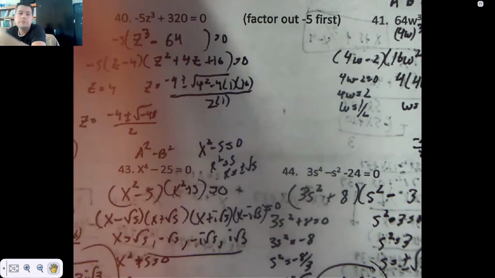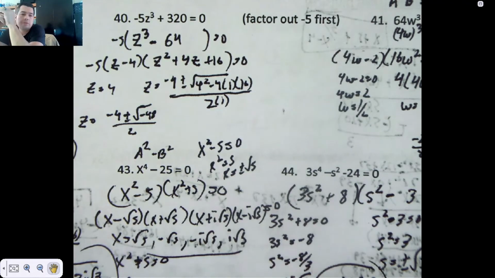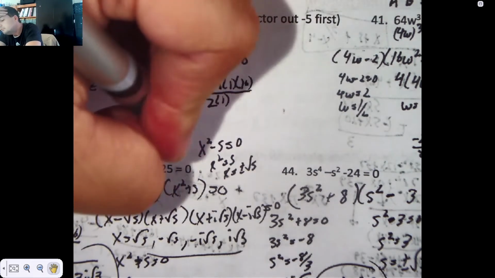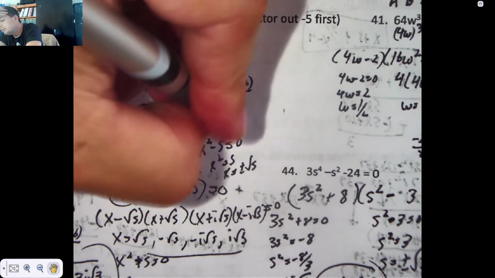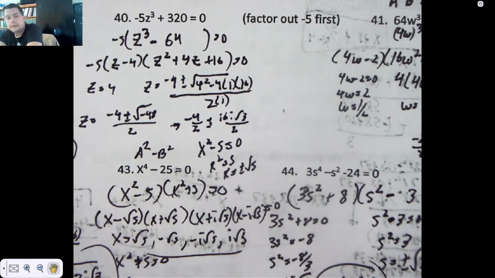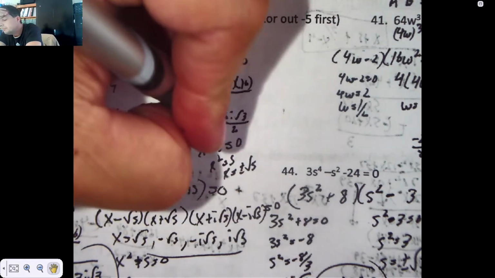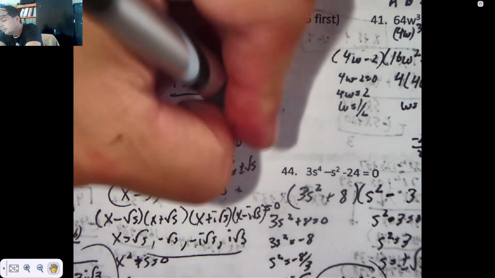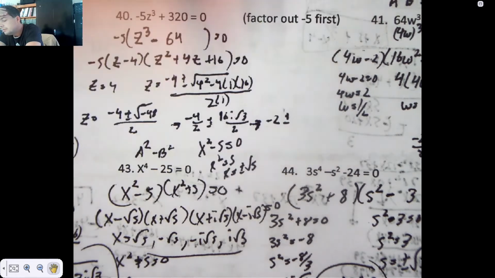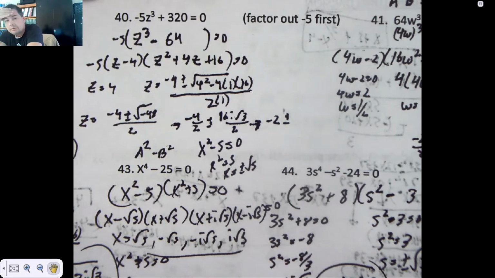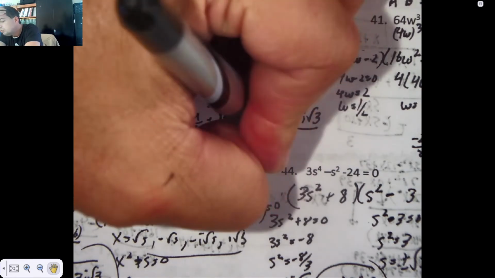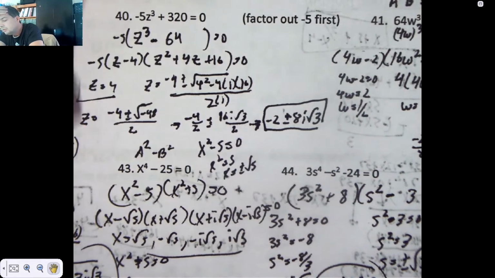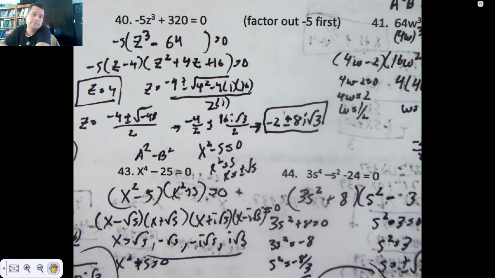Both pieces over 2. Root of negative 48 should simplify to 16i root 3. So I have a negative 4 over 2 plus or minus 16i root 3 over 2. And then I finish simplifying the fraction. That's going to be negative 2 plus or minus, what, 8i root 3? There's 2 answers.